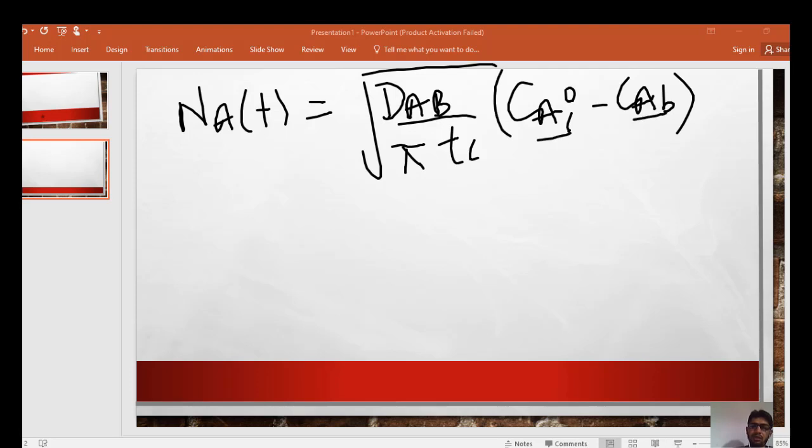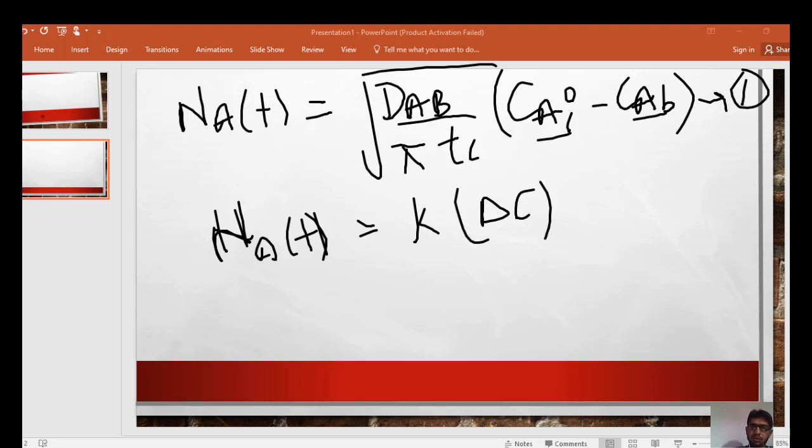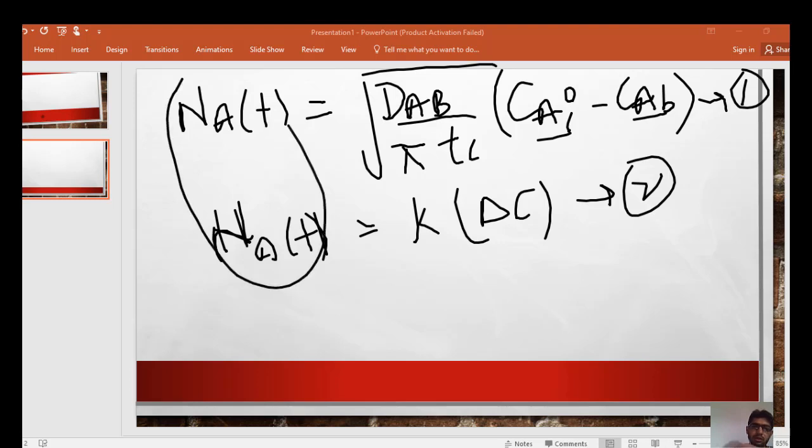So suppose this is equation number 1 and this is equation Na, molar flux is equal to K into change in concentration. Suppose equation 2. So from equation 1 and equation 2, if we compare, Na is equal to Na.